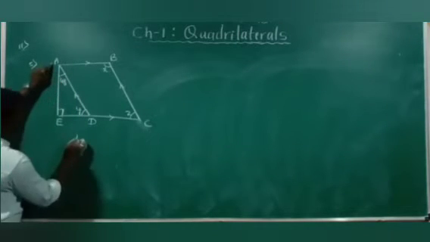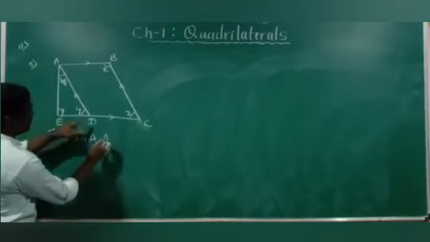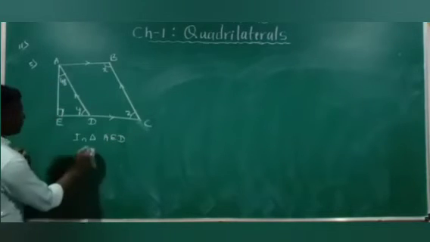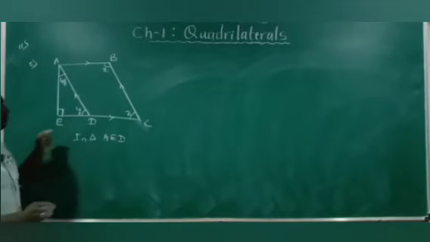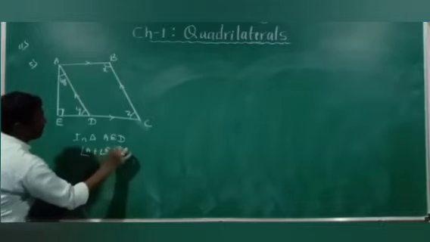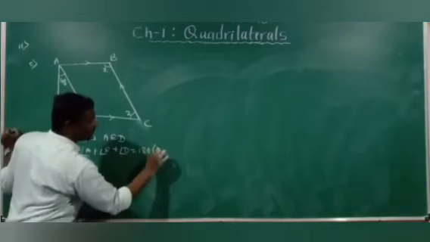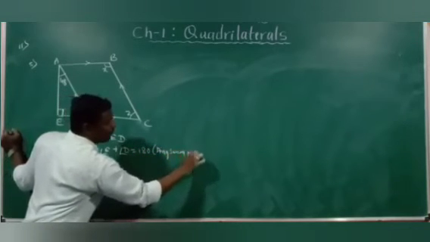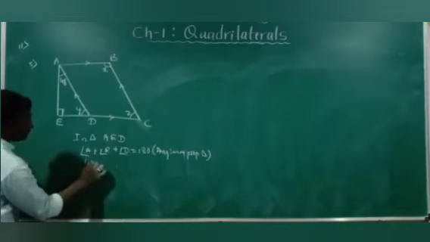First, take the triangle. In triangle AED, two angles are already given. By using the angle sum property of a triangle, you can easily calculate the Y value. So angle A plus angle E plus angle D is equal to 180 degrees. Reason: angle sum property of a triangle. Angle A is already given, that is 48.